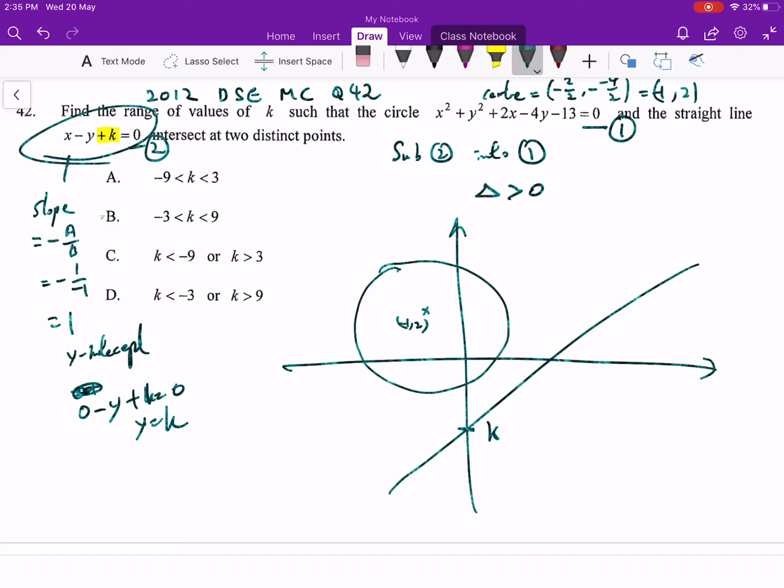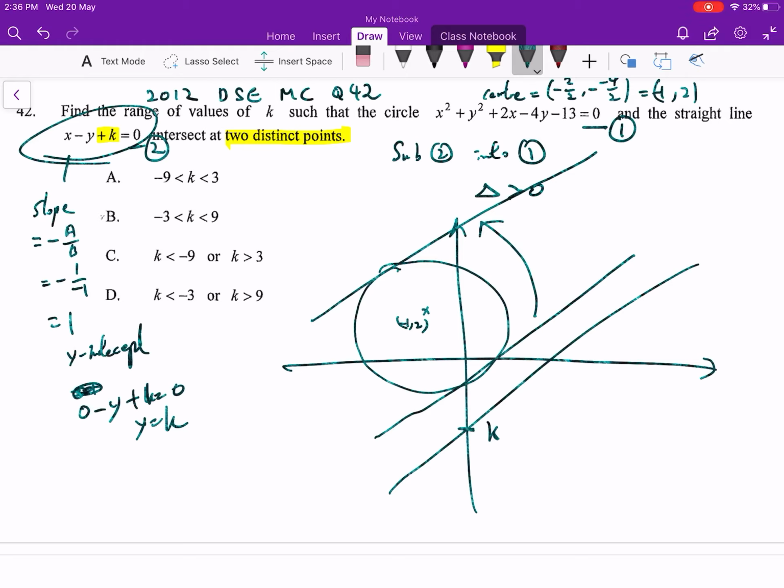We want the line and the circle to have two distinct points, which means that the line should be from here until here. Only when the line is from this point until that point can it cut the circle at two distinct points.